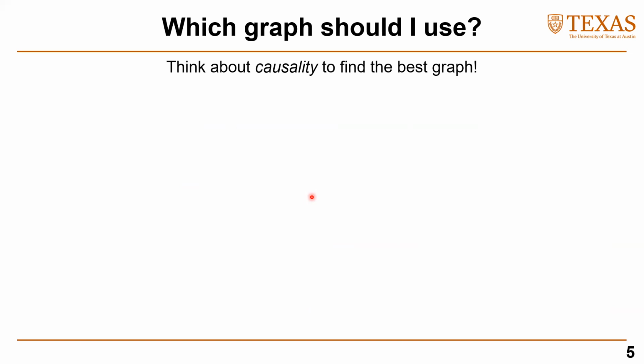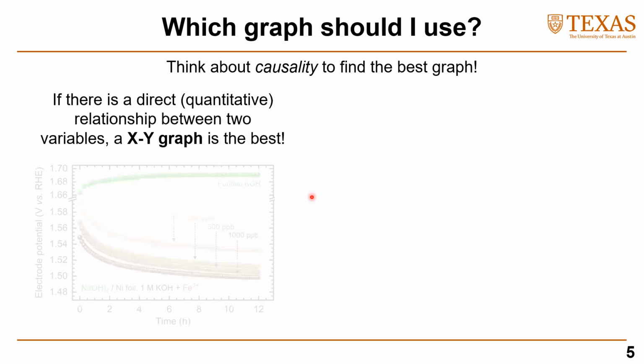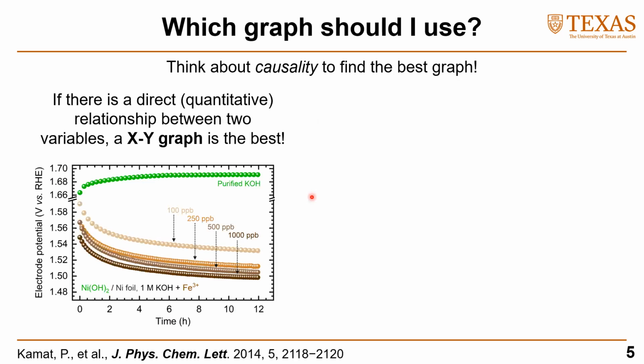I would say that the best way to find it is just to think about causality. Okay, so what kind of information do we want to show in our graph? So if there's a direct relationship between variables, probably the X and Y graph is the best one, right? And probably this is the most common graph.